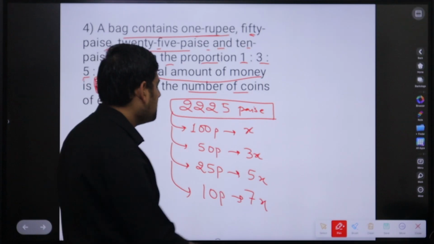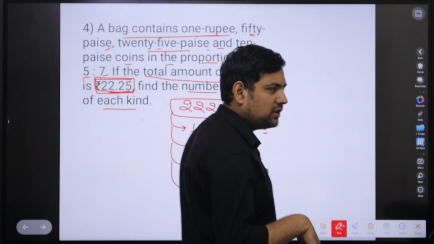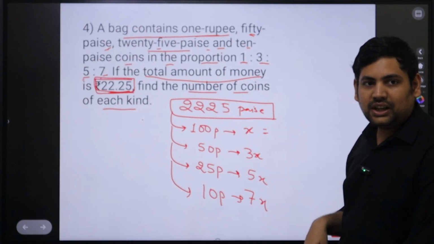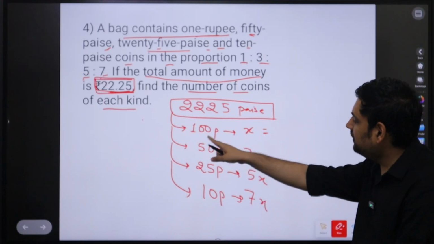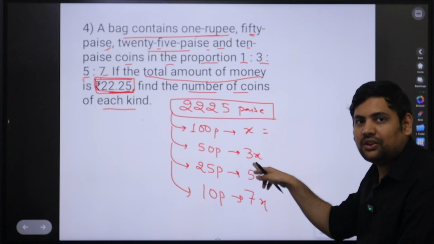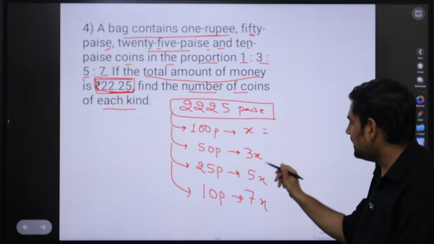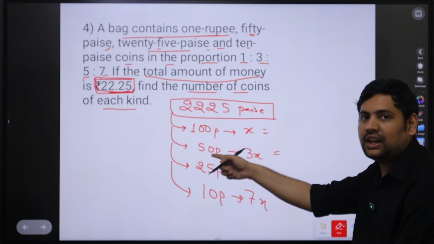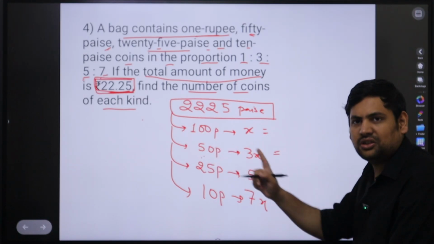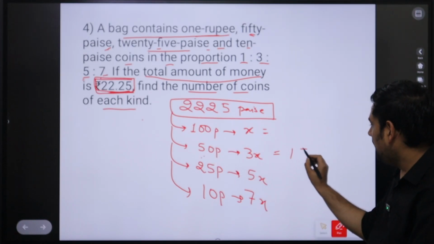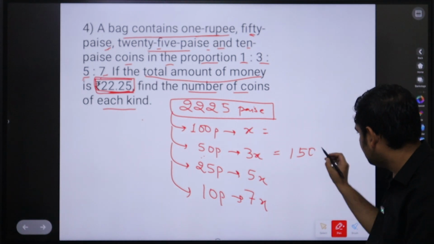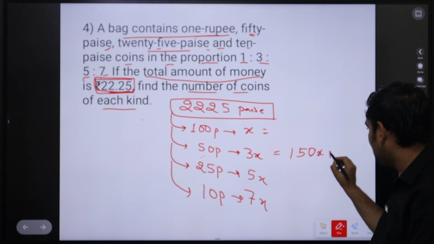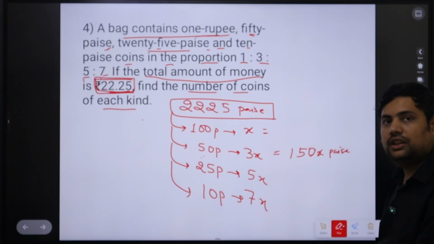Now what is the total amount of money that you have? Total amount of money will be simply multiplication of this. So he has 50 paise coins. How many coins? 3x coins of 50 paise. So what is the total amount that he has in 50 paise? 3x into 50 paise, that is 150x paise, correct?